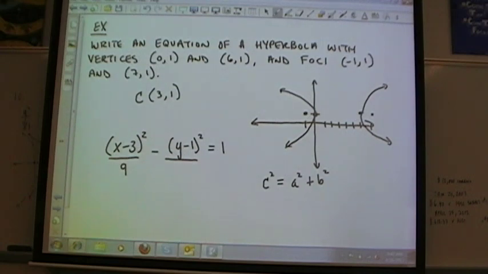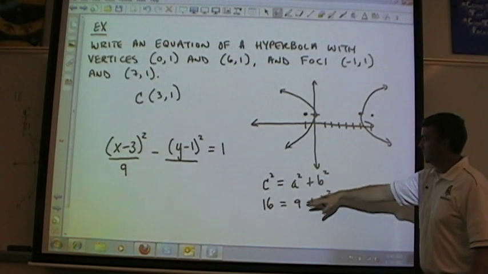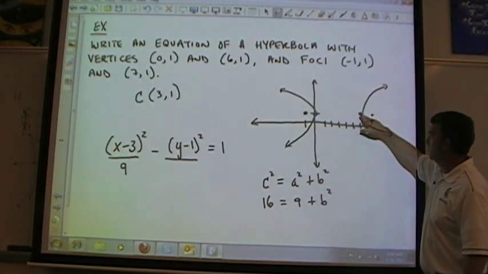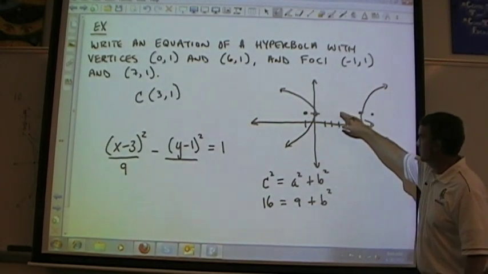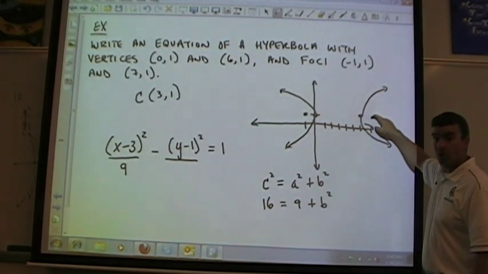C is the distance from the center to the focus, so the distance is 4. You just told me that the distance from the center to the vertex was 3, and 3 squared is 9. The distance from the center to the focus is 4, and 4 squared is 16.